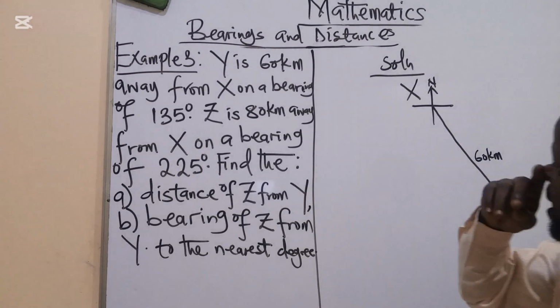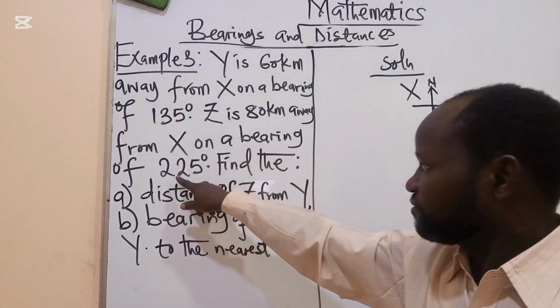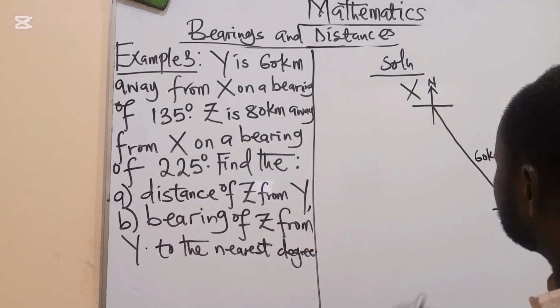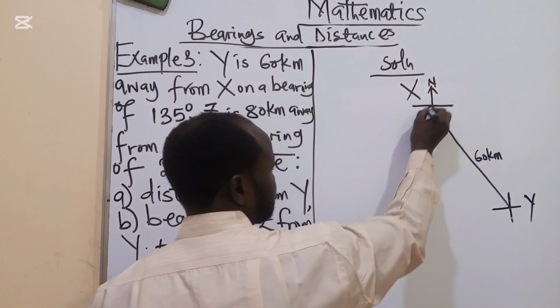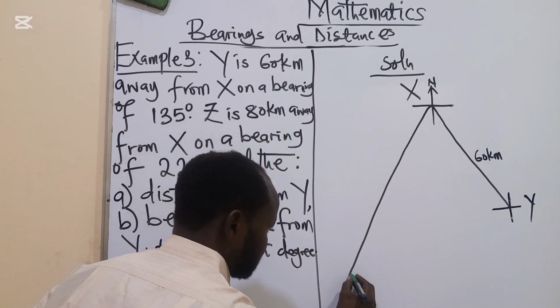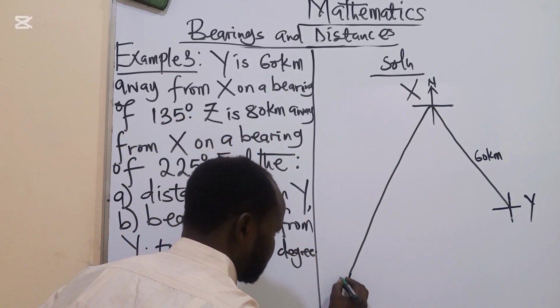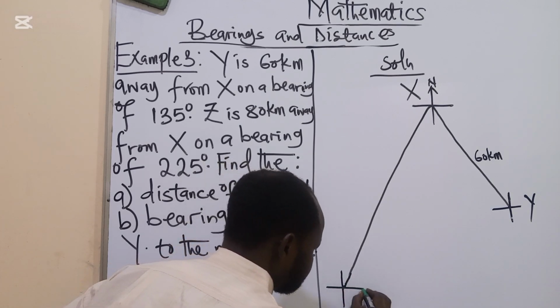Then let's make progress. Z is 80 kilometers away from X on a bearing of 225 degrees. 225 will fall somewhere here, and it has to be longer than this. So let's draw another cardinal point here, like this.